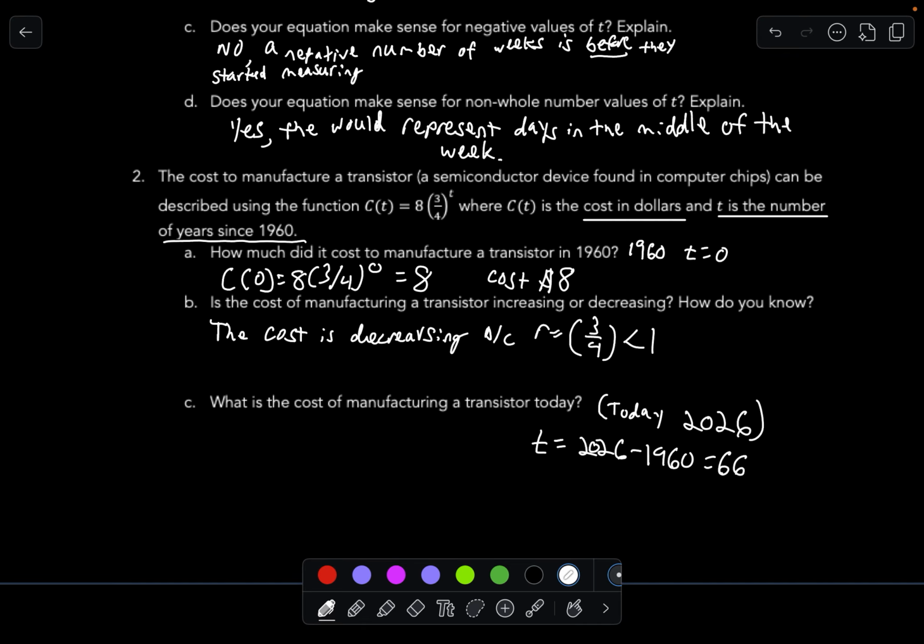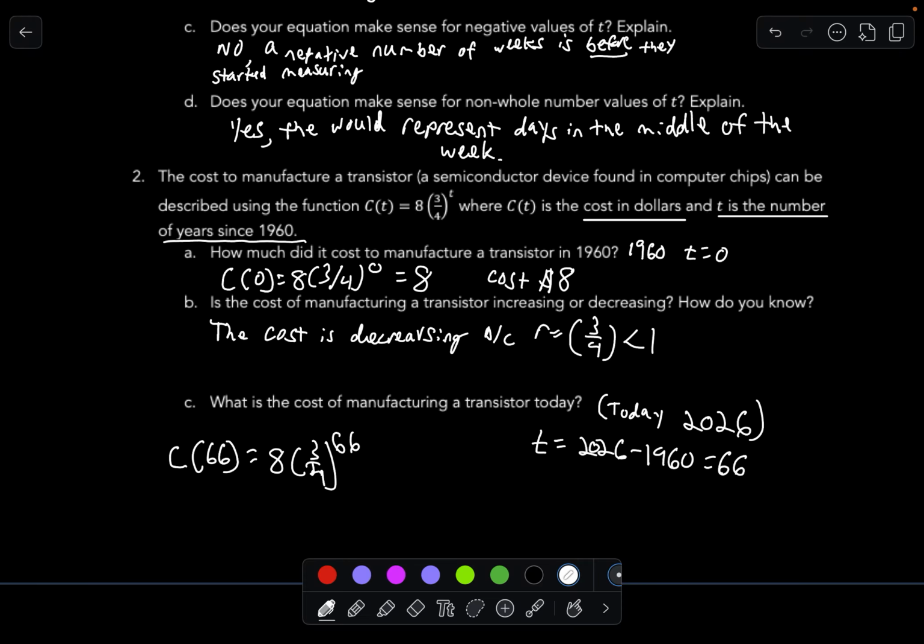So t is 66. We just plug that in. We want to know what C of 66 is. That's going to be 8 times 3/4 to the 66 power.